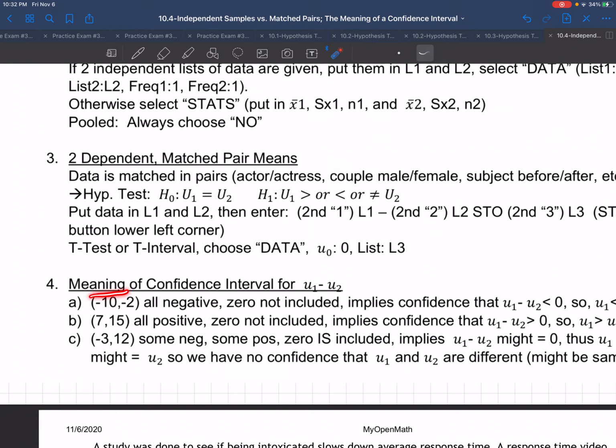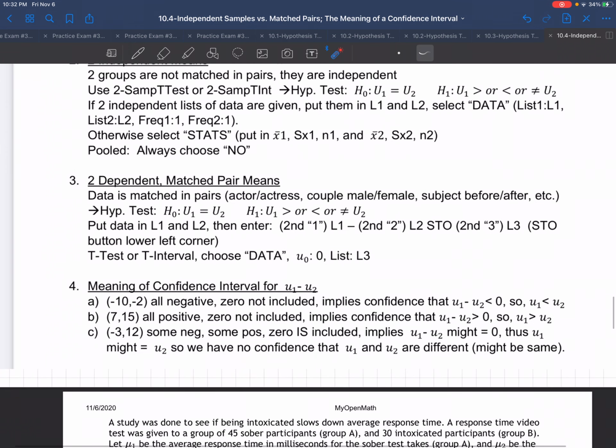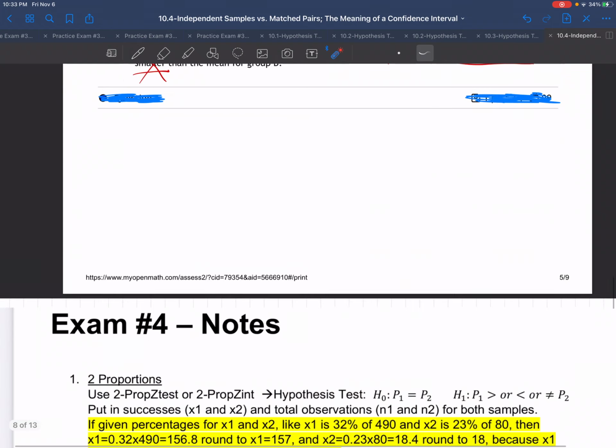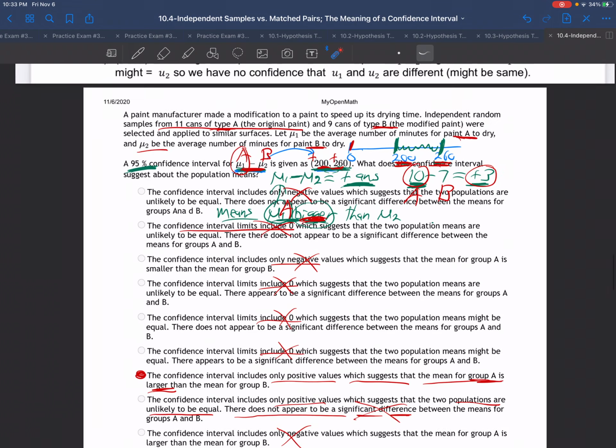If it's all negative, zero's not in there, it implies the first one's lower than the second. If it's all positive, that's what we had, it implies the first one's bigger than the second. That's what we said, A is bigger. And if you have both negative and positive, then it might be 0, no confidence. It might be the same. That would be the other conclusion. So there we go.